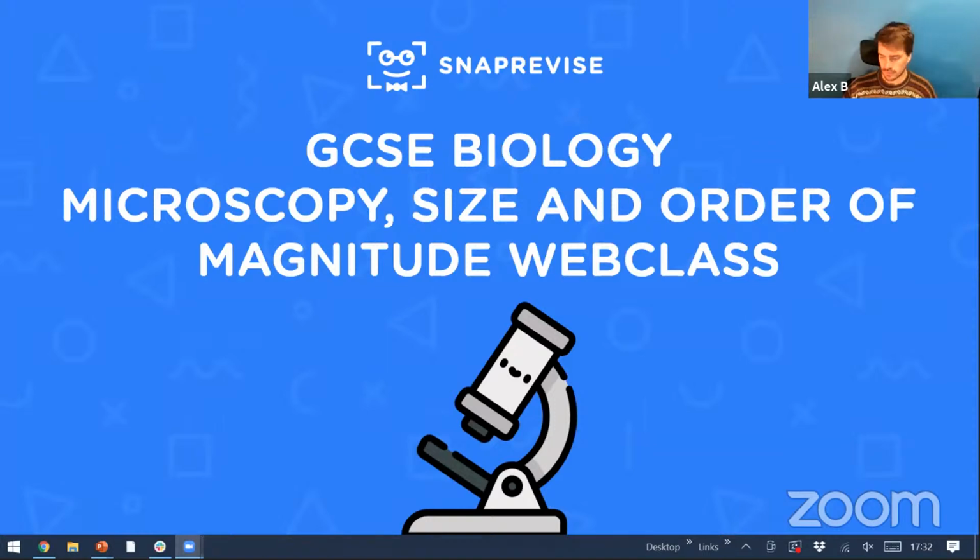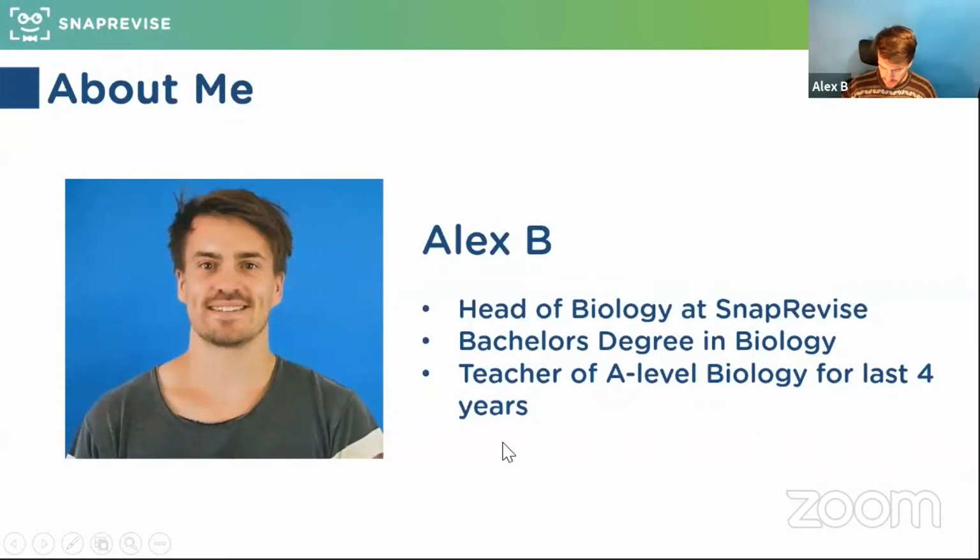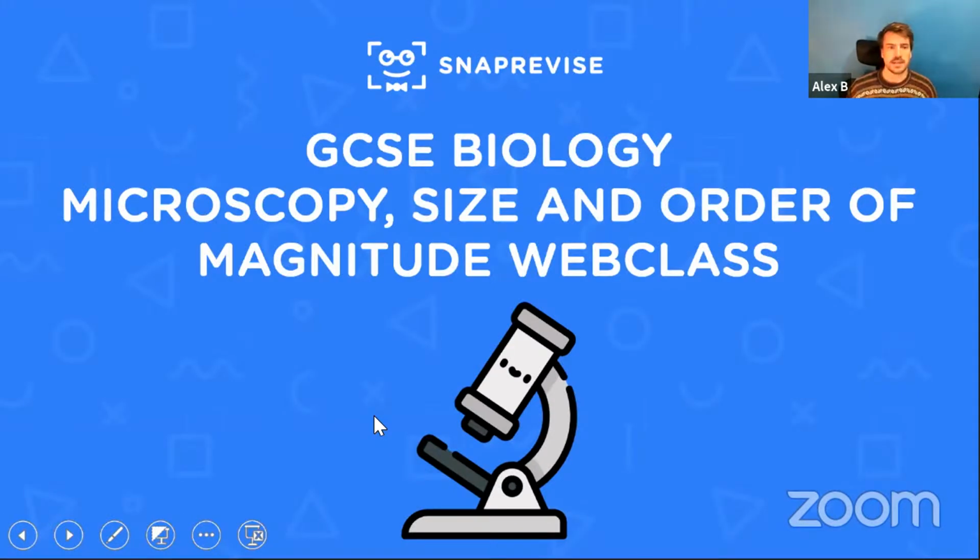So let's begin. I'm just going to share my screen. Basically, I skipped ahead a slide already. The class tonight is going to be on microscopy and looking at orders of magnitude, working out how to calculate between centimeter, millimeter, that sort of thing.